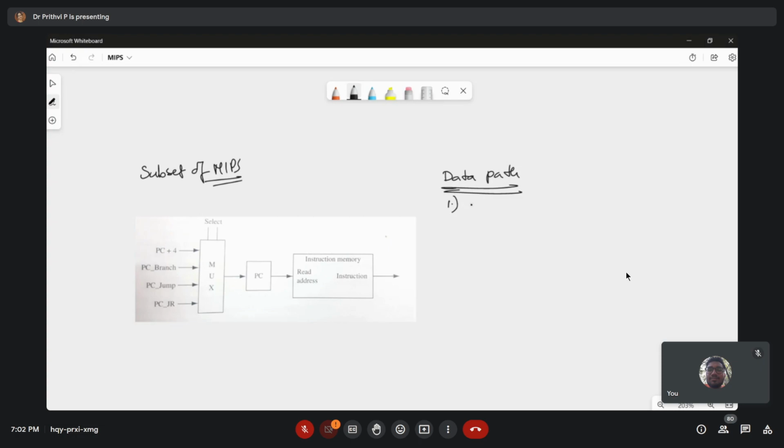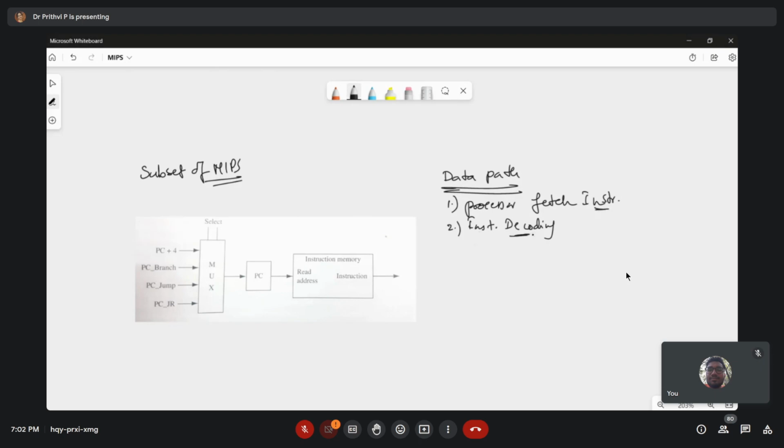First, the processor has to fetch the instruction, and after fetching it, it has to decode the instruction. Instruction decoding is performed to identify what type of operation has to be performed, which is mentioned in the instruction.